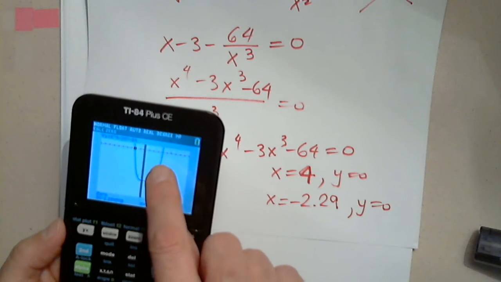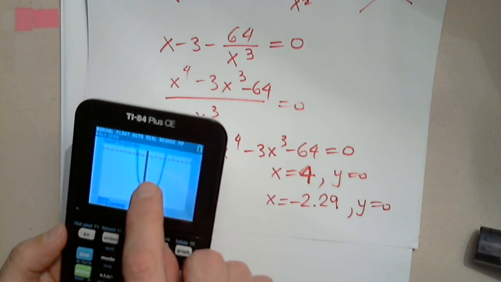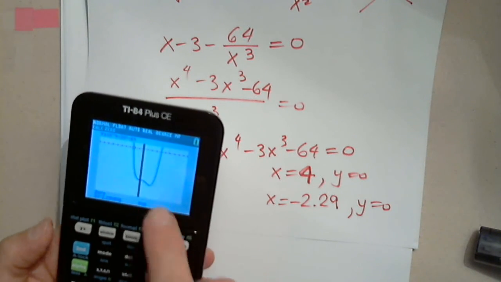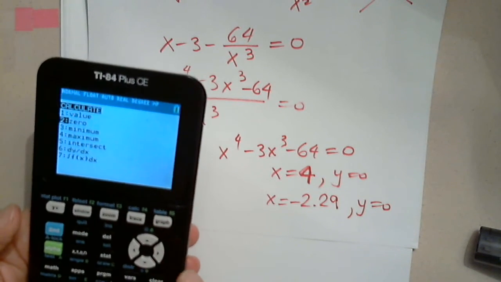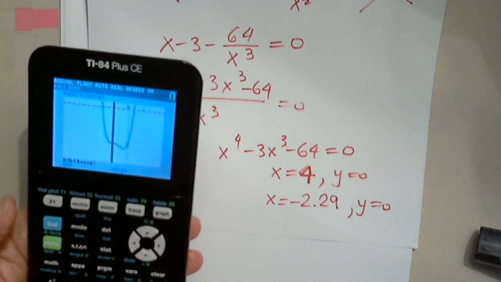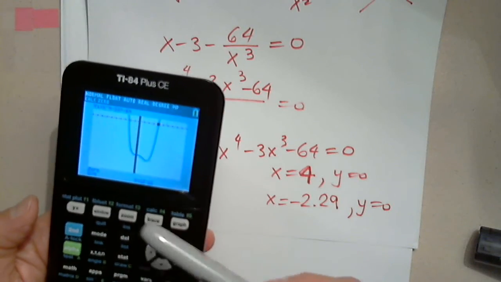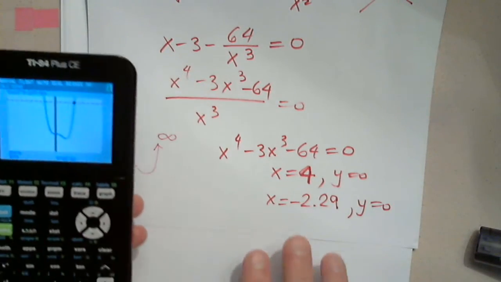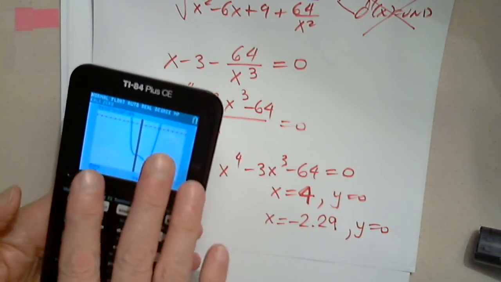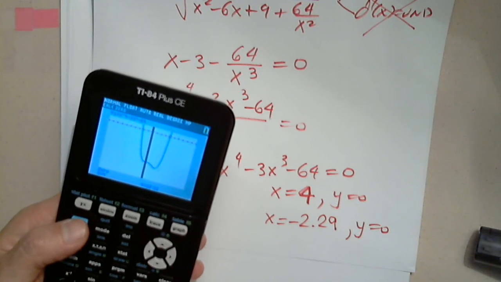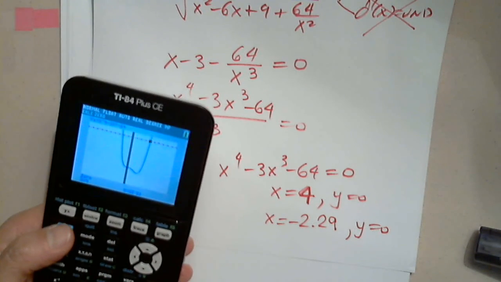Now I need to determine the positive solution. Let's say I don't know, and I say it's between 3 and 5. Second calc, zero, between 3 and 5, and give me the solution, and it gives me 4. So this is how you do it with the TI-84. Any questions for me? Stop me, please. Any questions? Anyone?